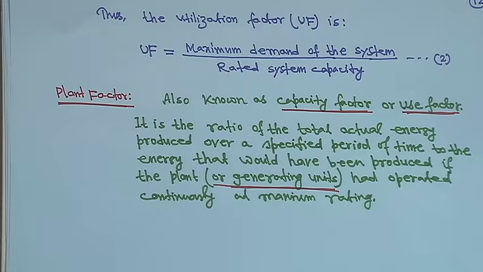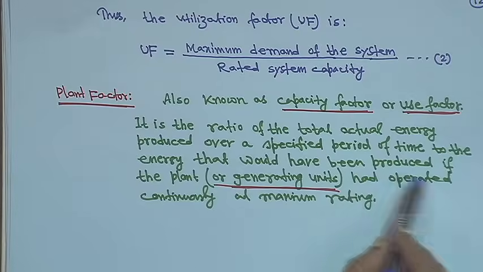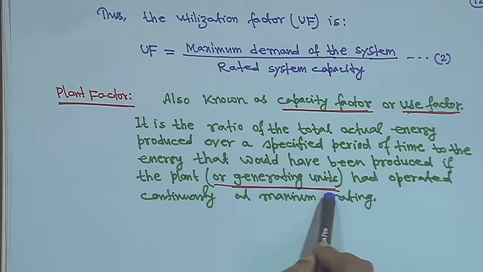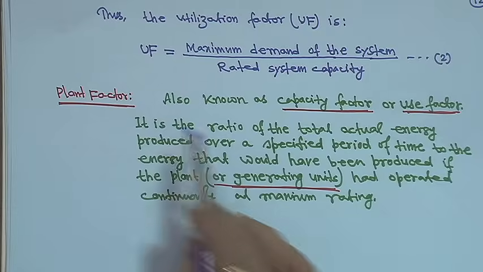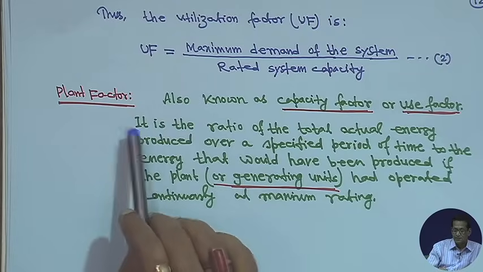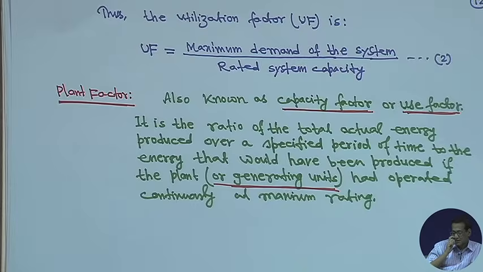So it is the ratio of the total actual energy produced over a specified period of time, say annually, to the energy that would have been produced if the generating units had operated continuously at maximum rating. So this is called plant factor, capacity factor or use factor.